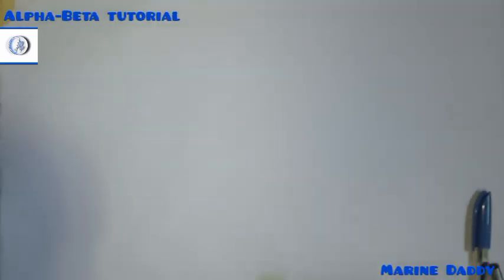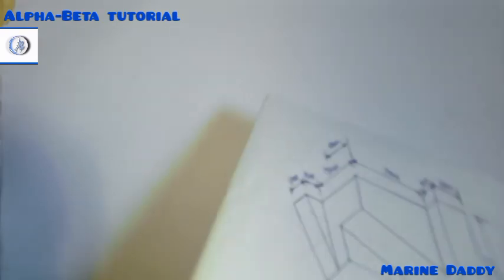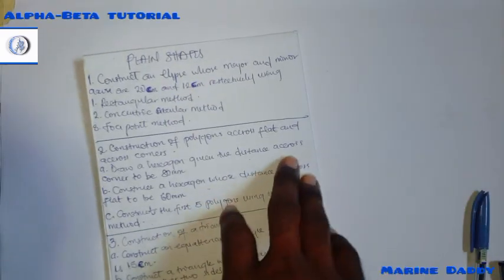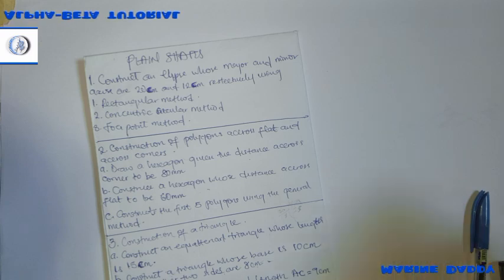For you to construct an ellipse, you'll be given the major and the minor axis. So in the question I coined, we are told that the major and the minor axes are 20 and 12 centimeters respectively.